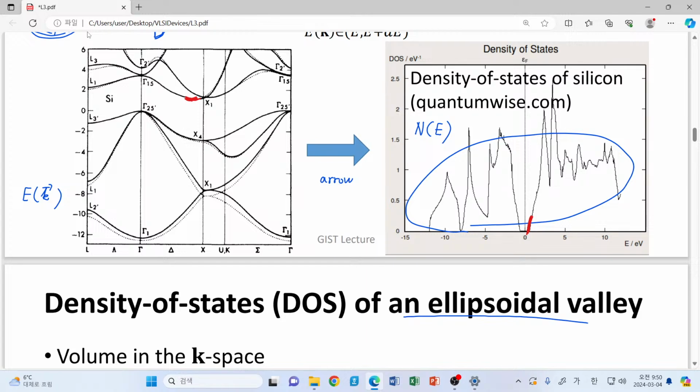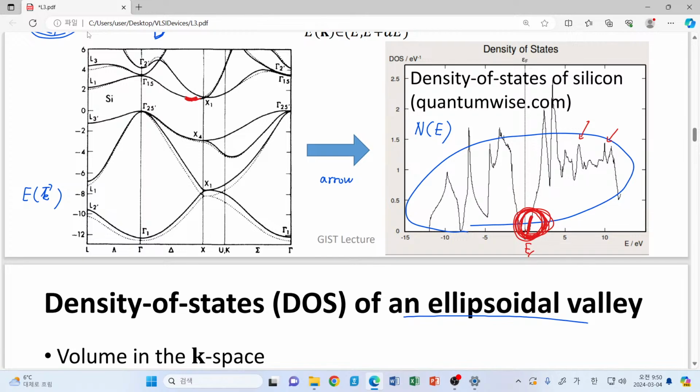To us, the most important one is just a small energy range over our EC value, because that determines actually most of the electronic behavior. There is almost no chance for our electron to occupy this point or that point, simply because that is too high an energy and its probability to occupy that state is extremely low. So we are considering only this part.